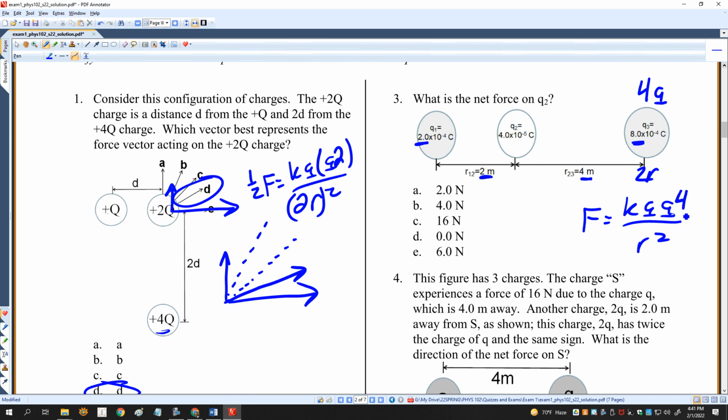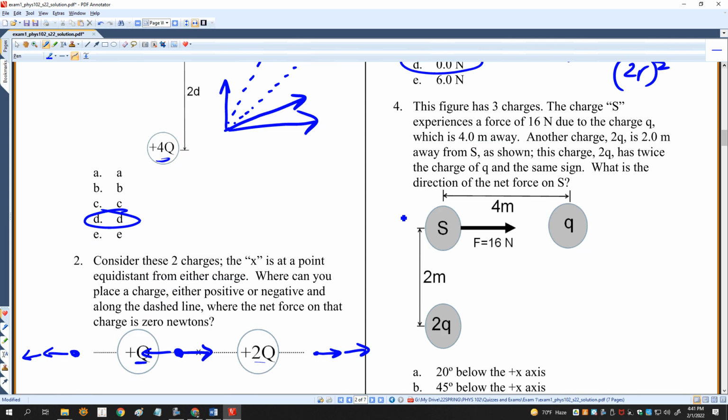If I quadruple the charge and double the distance, I'm going to get the same force. So what that tells me is that the force due to Q3, that's F3, is the same as the force due to Q1, that's F1. Okay, so to say all that, the answer is 0. Now you can go through and calculate these forces and you'll find that they're equal and opposite, but this is a much easier way to do it.